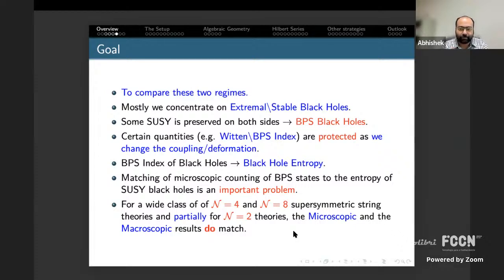So for string theory to be consistent, both pictures should give the same results. And whenever we are able to do it, for example, in N=4, N=8, or partially for N=2 theories, the microscopic and macroscopic results do match. This is considered one of the success stories of string theory, so to say.